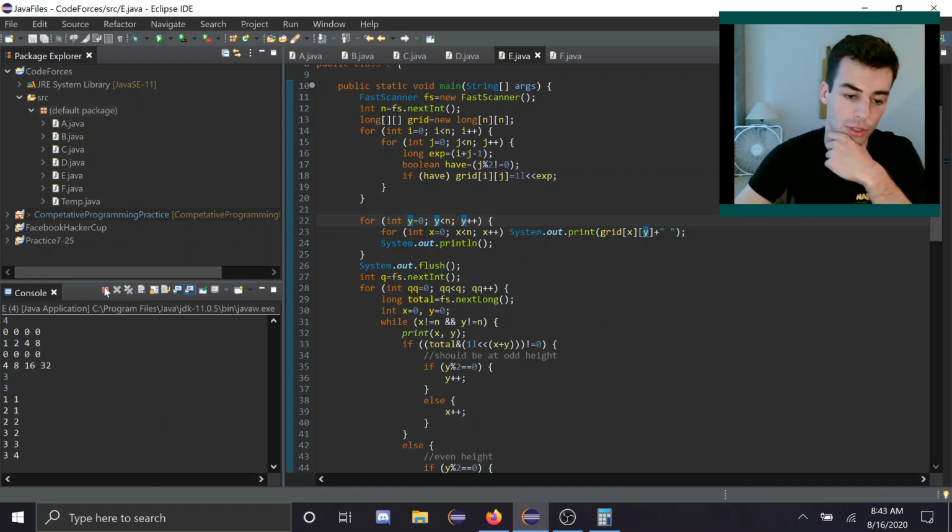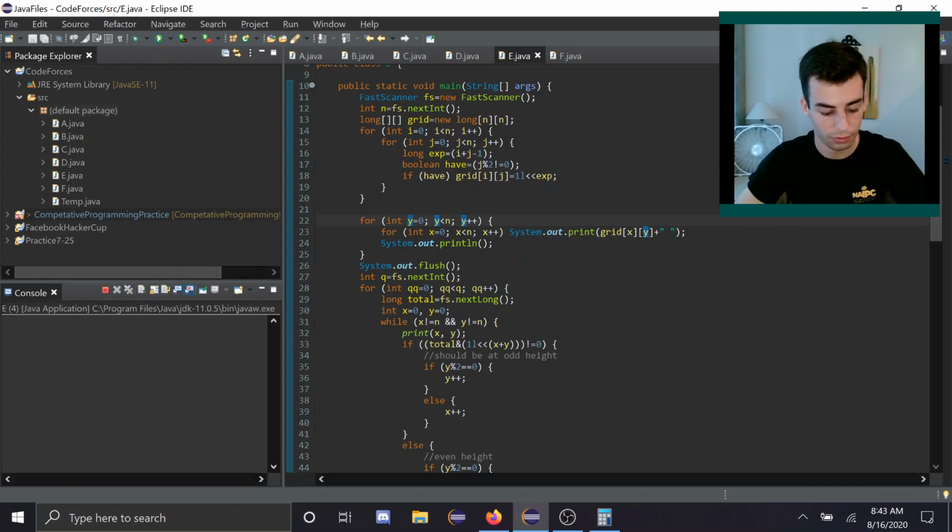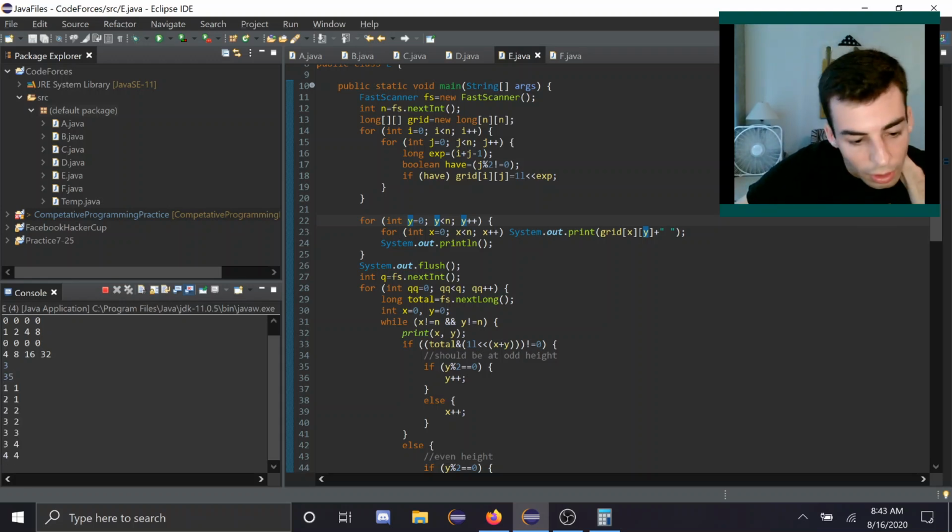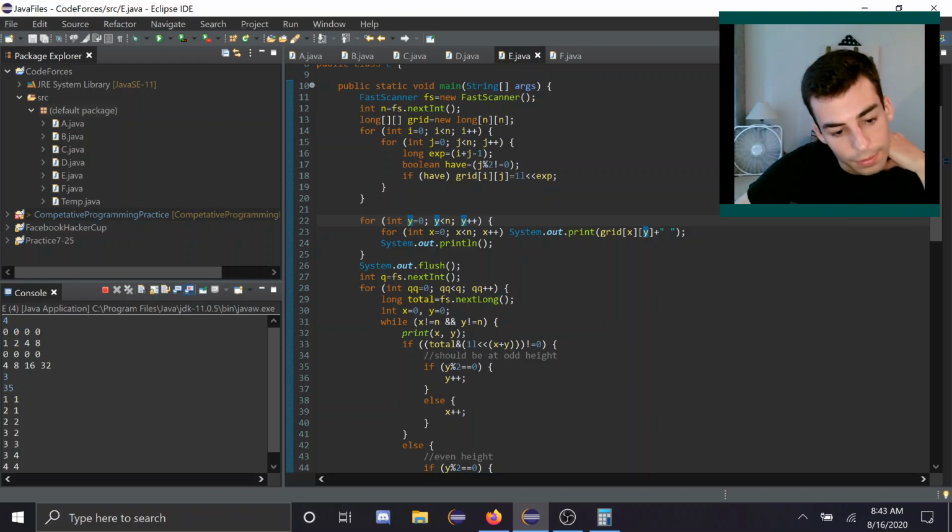Oh, it'd have to be 3 plus 32. So 4, 3 queries. First one is 35. 1 1, 2 1, 2 2. 2 1, sorry. Then 2 2. Then 3 2, 3 3, 3 4, 4 4. I think this is right.